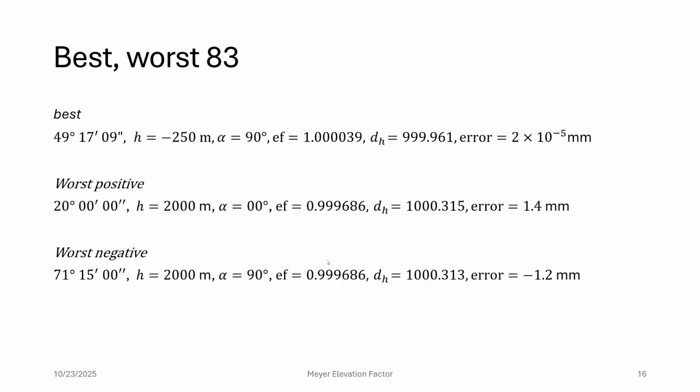But the worst, interestingly enough, is not. It was at 71 degrees north, 15 minutes. No idea why the worst negative would be so far north. The other numbers are anticipatable, but the latitude being not 20 took me by surprise. But that's the way it worked out.